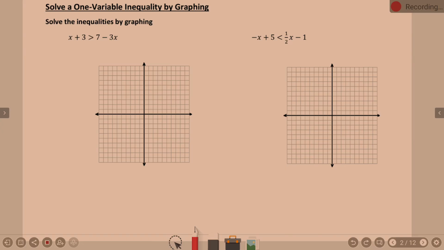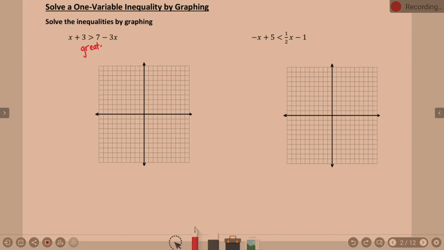The difference is at the end, we're going to be looking for where the graphs intersect, but we're going to be looking for where one graph is less than or greater than the other graph. Now, x plus 3 is what to 7 minus x? What sign is that? That is our greater than sign.